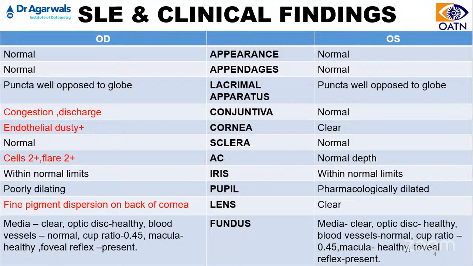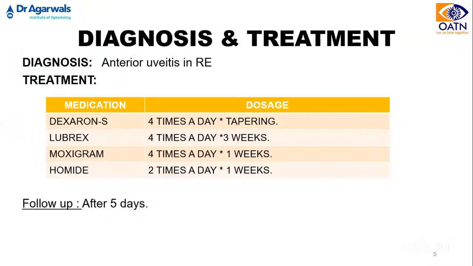Slit lamp examination was normal in the left eye, but the right eye shows congestion and discharge in the conjunctiva, endothelial dusting in the cornea, cells and flares in the anterior chamber, and fine dispersion at the back of the cornea. These clinical findings help to diagnose anterior uveitis in the right eye.